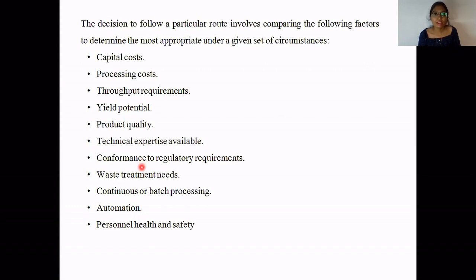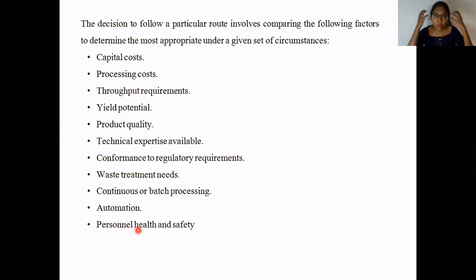The next is the waste treatment needs. Again, if you are treating the effluent, then you have to go for some ultrafiltration or reverse osmosis or some other process that is again going to add to the overall cost. The last and most important is personal health and safety. The workers that are working in the plant also need to be safe.